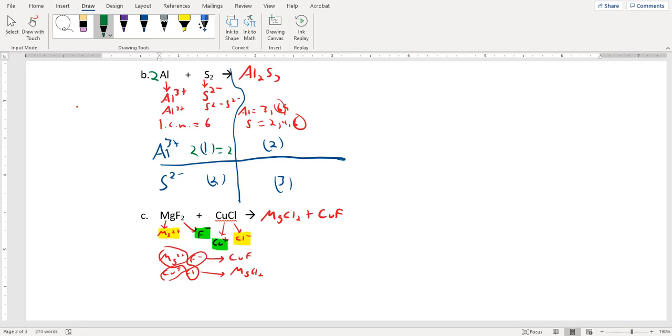And then I need to start putting in numbers for the sulfur. So let's see. I could always do this. 3 times 2 is 6, so I put a 3 there. And then I'm going to place a 2 on the other side.